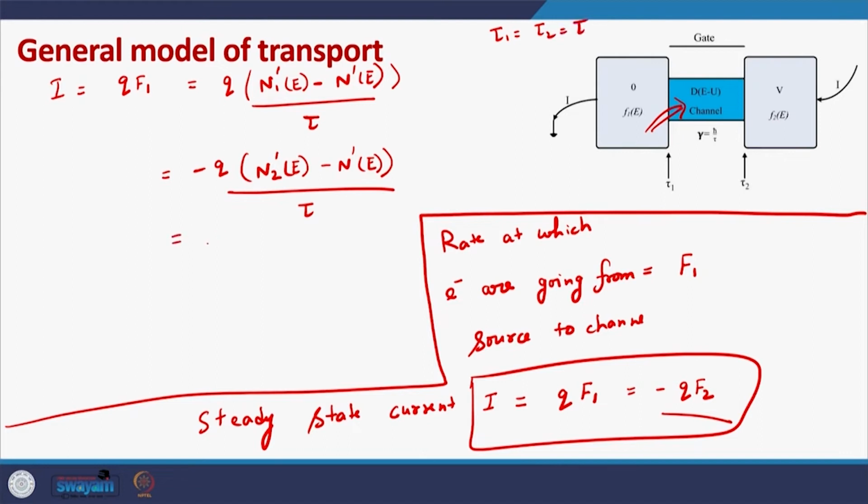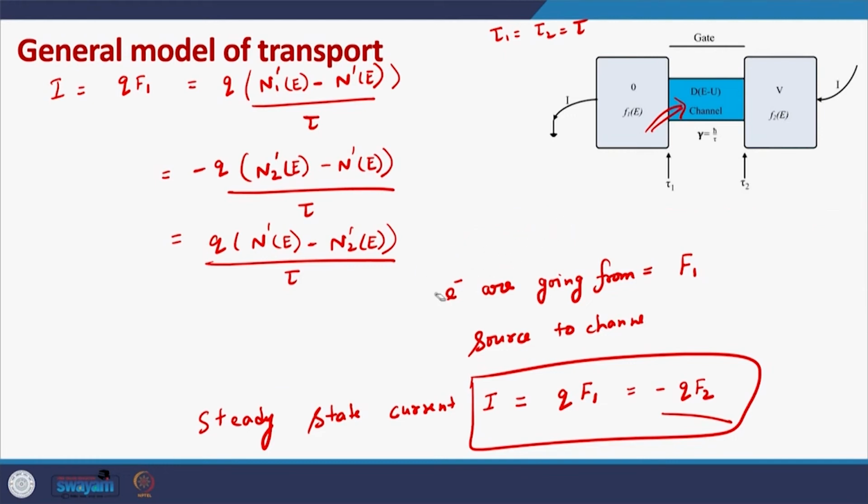So, this can be written as Q times (N1 prime E minus N2 prime E) divided by tau. So, this will be the steady state current in the system.